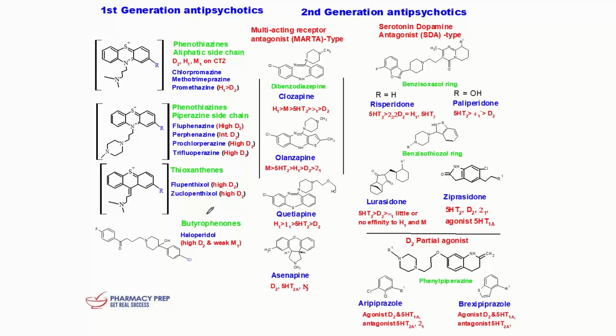However, from an exam standpoint, the most important drug in the first generation, the most commonly used drug, is haloperidol.